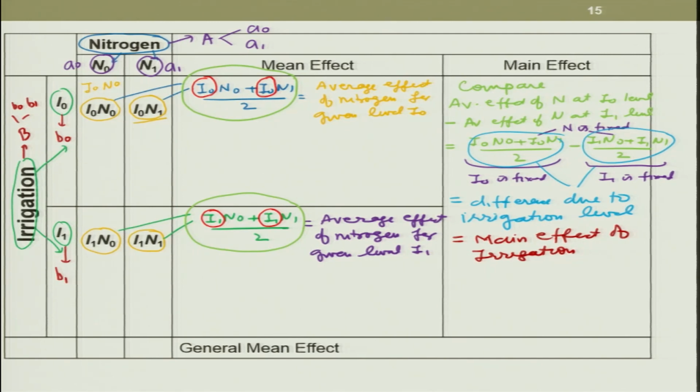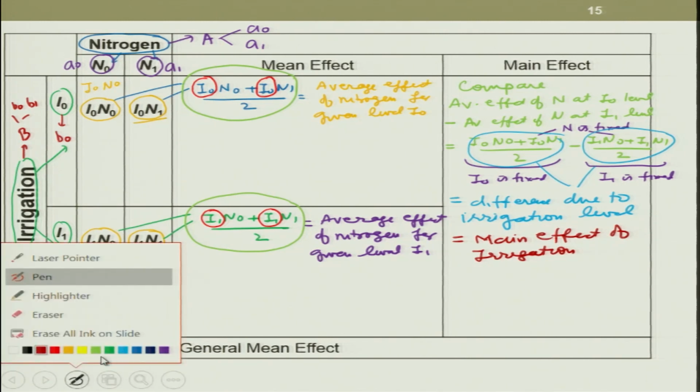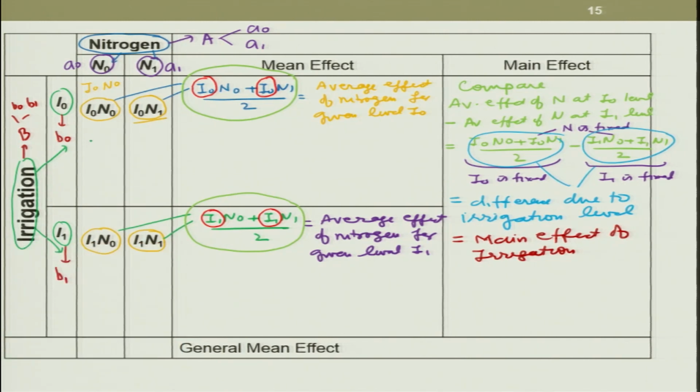Now, when I give the treatment combination I0 and N0 in this plot, instead of I0 and N0 I can write A0 B0, and whatever is the outcome of the plot obtained after giving the treatment combination A0 B0 is denoted inside the bracket. That means we write the treatment combination inside the bracket, and that denotes the value of the outcome obtained from that plot.